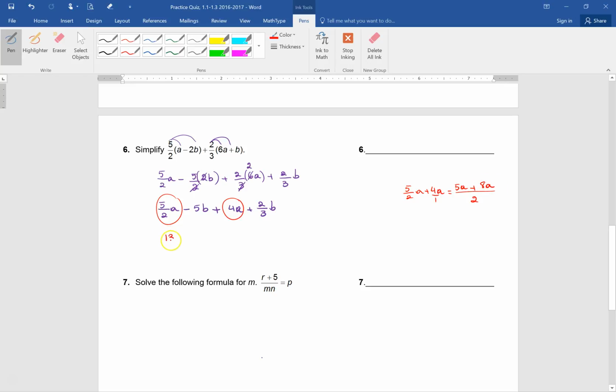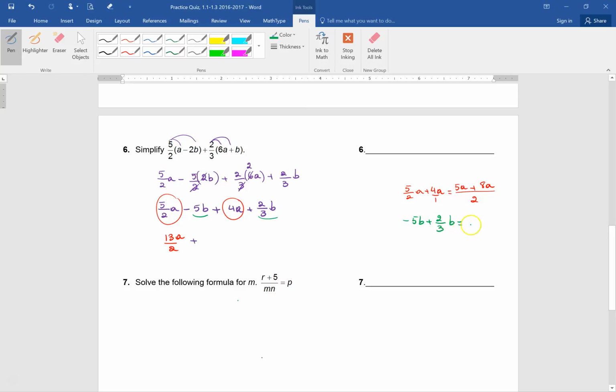So that's 13A over 2. Wait, why is it 8A? Because 1 goes into 2 twice, times 4. Okay, now, what about the B's? Negative 5B plus 2/3 B.